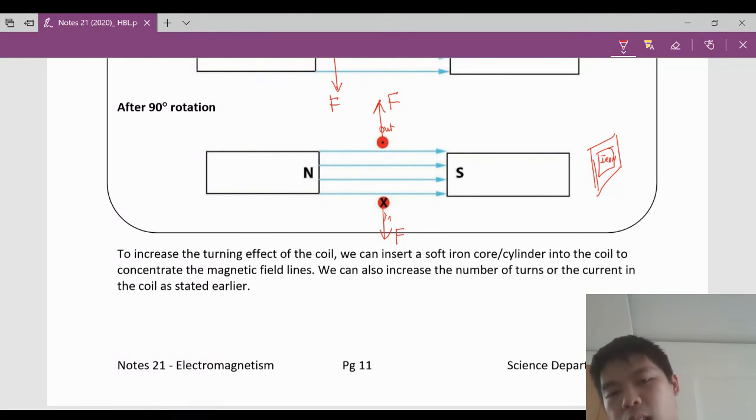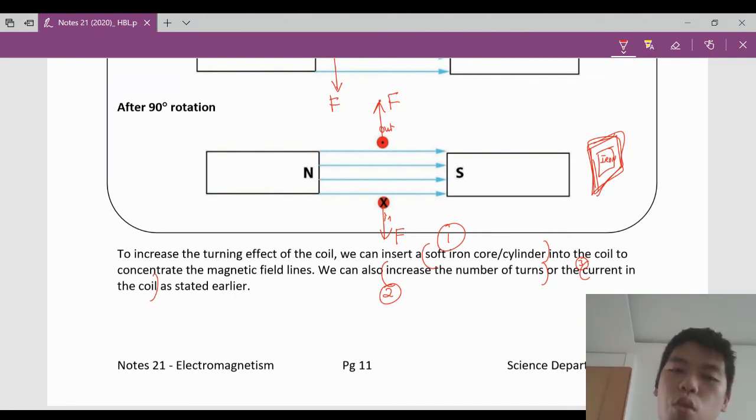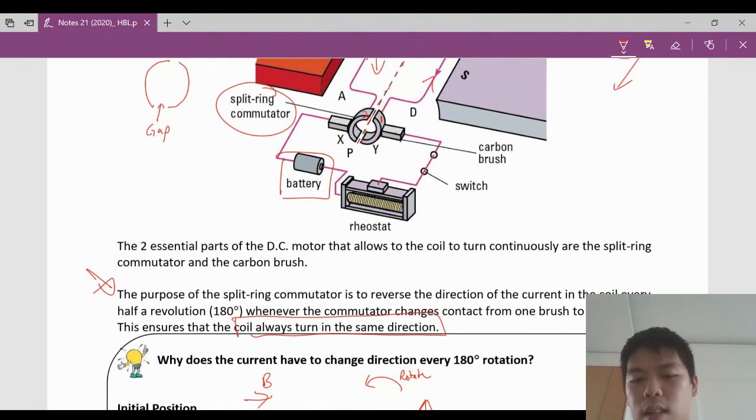Number one, you can insert a soft iron core. You can also increase the number of turns in this coil, or you can increase the current in the coil. So there are three ways to increase the turning effect of the coil. Otherwise, I think we will end here. Thank you very much.